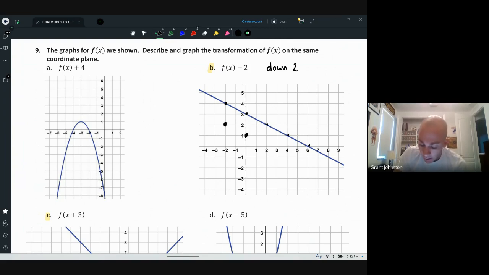Here, here, there. The entire graph is just being shifted down 2. It still maintains the same slope and shape, if you will. It's just now been translated, would be the technical term, down 2. Okay. So you should be able to do A based off of that.